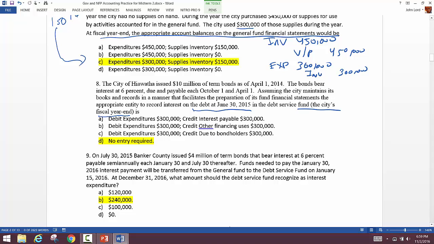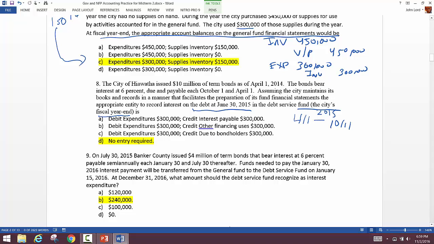They issue the bonds April 1st, and this is 2015, and they make an interest payment on 10/1/15. I don't have to put 15 because I'm under 2015.